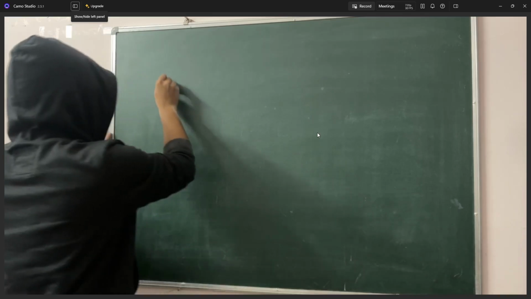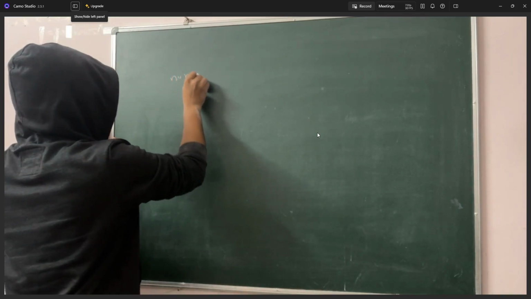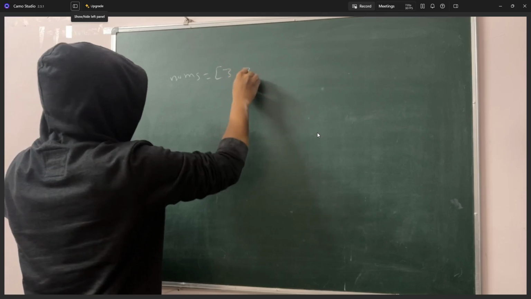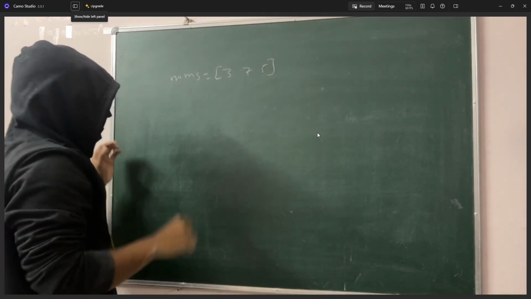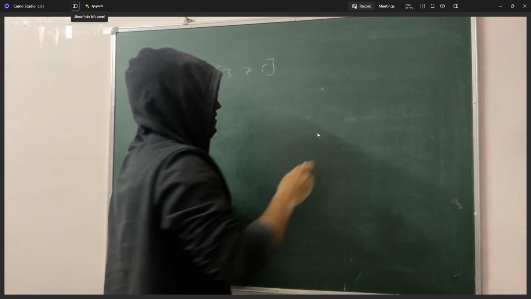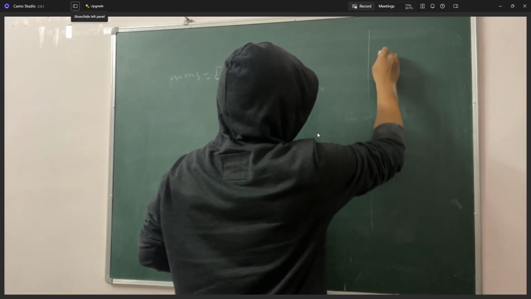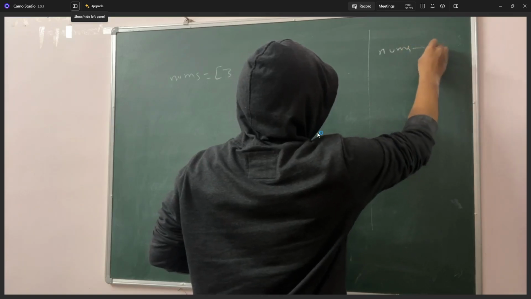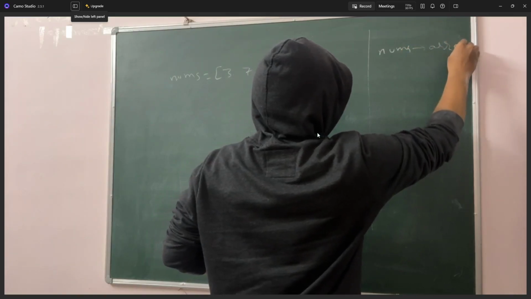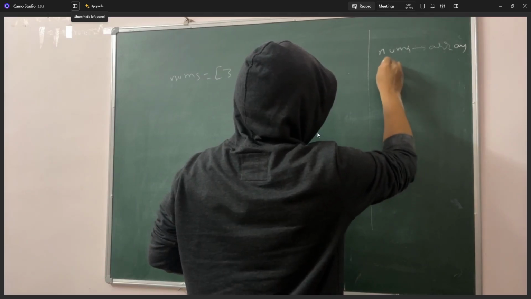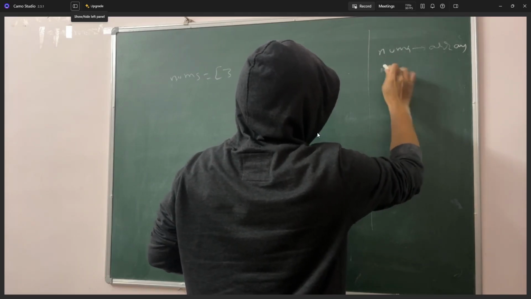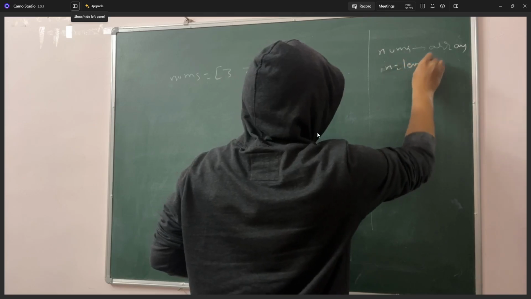We have the nums array as 3, 7 and 5. In the problem statement they've given us the nums array, and its size is n, the length of nums.